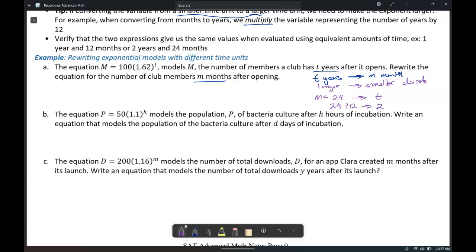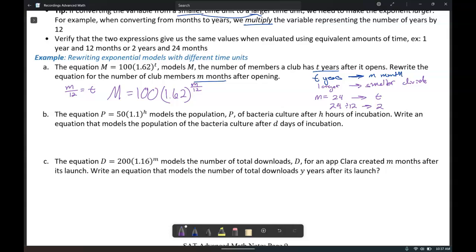So, since months divided by 12 equals T, we can then substitute the exponent with M divided by 12 in order to get the equivalent expression.